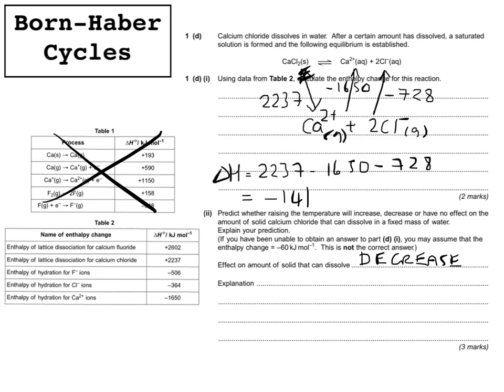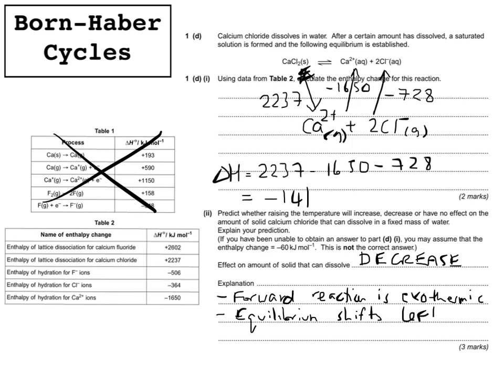And the explanation is the same sort of explanation as you would give for an equilibrium question from Chem 2. So the explanation is forward reaction is exothermic. And so equilibrium shifts left to oppose the increase in temperature.